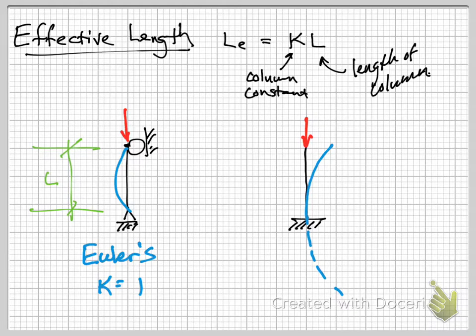And over on the right-hand side, since we had a fixed free end condition, we ended up having our sine wave to be 2 times the length. So our K is 2, so our effective length is going to be 2L because it's behaving like a member that's twice as long.